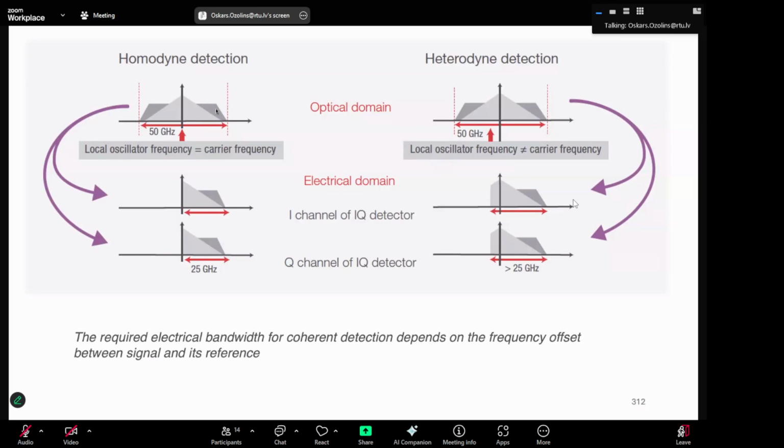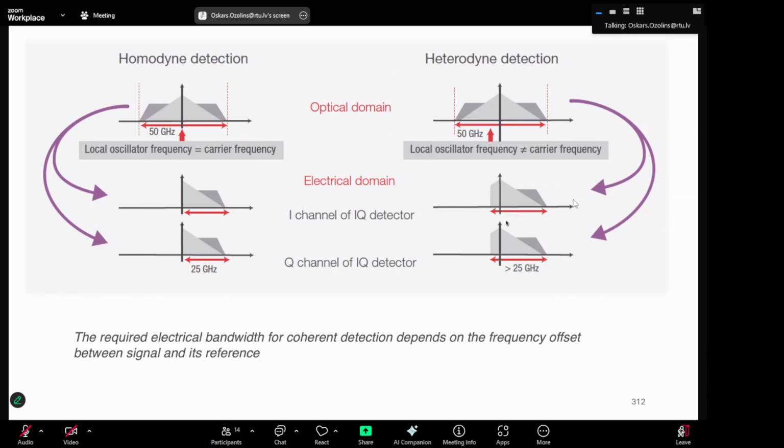Right. And then the heterodyne detection, when your local oscillator frequency or wavelength is not the same. So then you can have spacing. This spacing is really defined by the electrical bandwidth you have in the receiver.